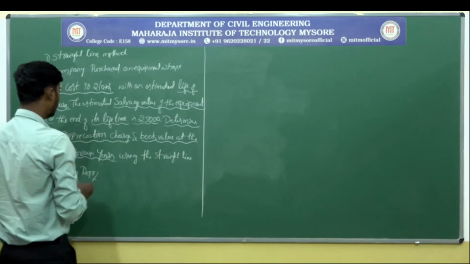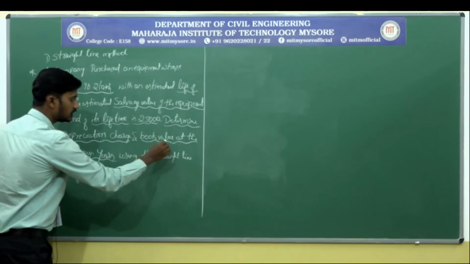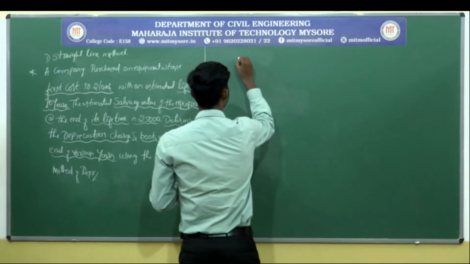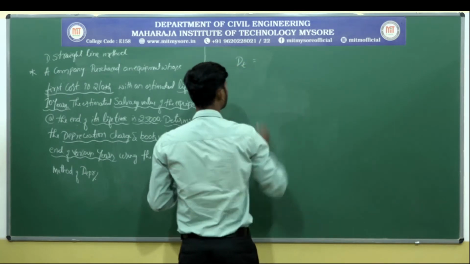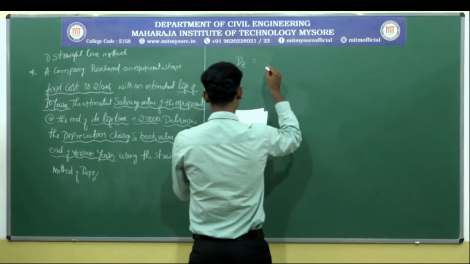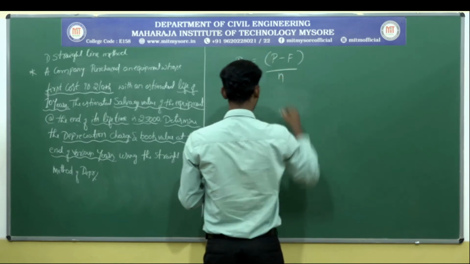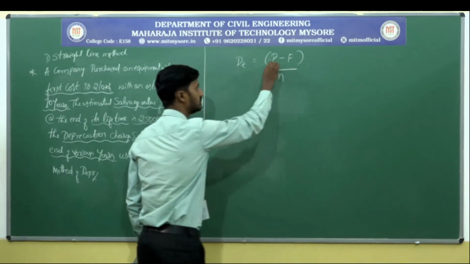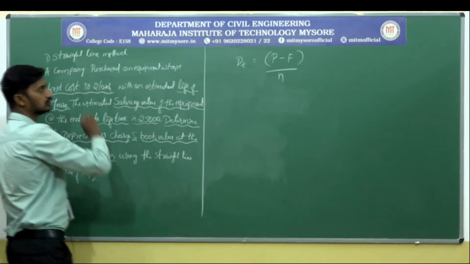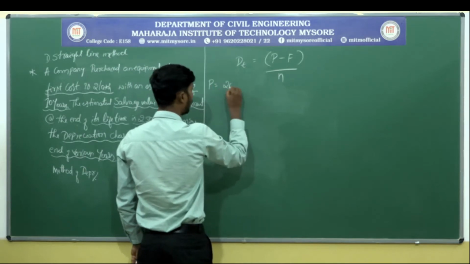So now we need to calculate the depreciation charge and book value. For that we have a formula: depreciation charge can be considered as dt, and the formula for dt is (P minus F) divided by N. What is P? P is the initially purchased value, P is equal to 2 lakh rupees.